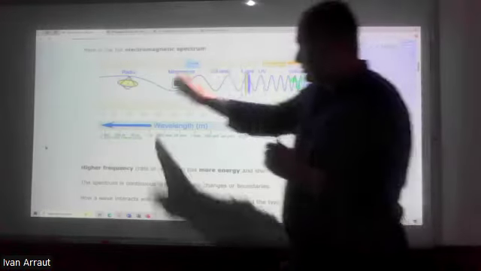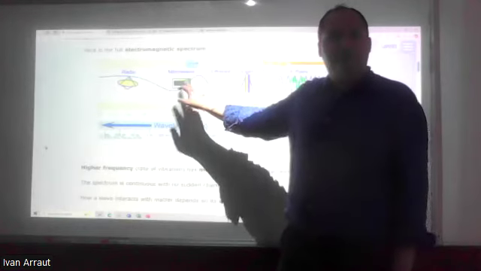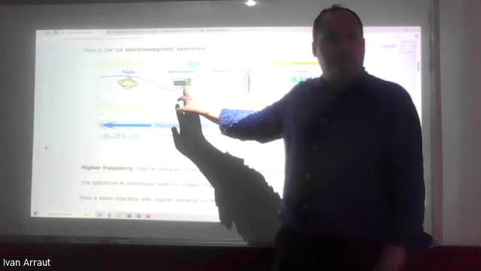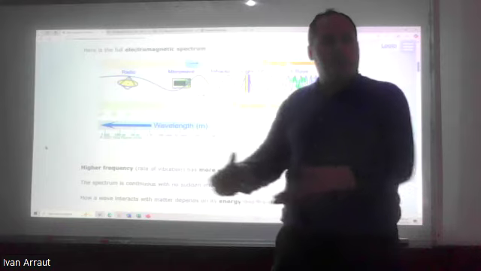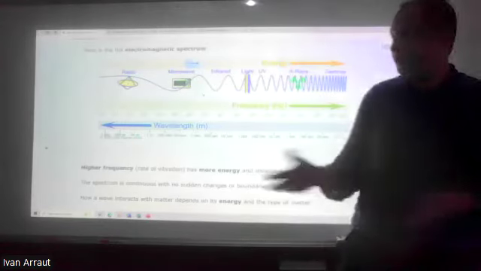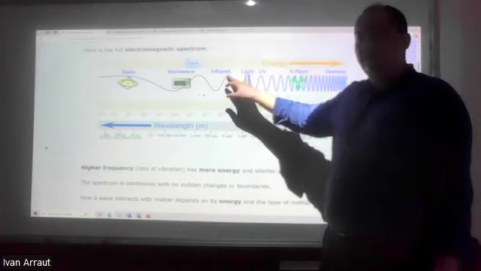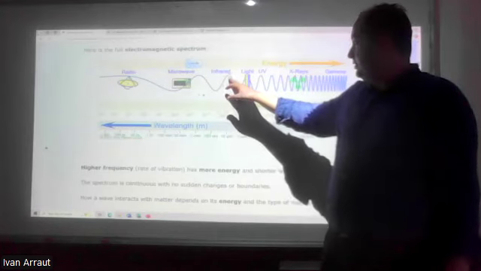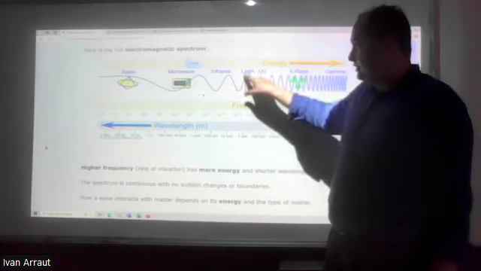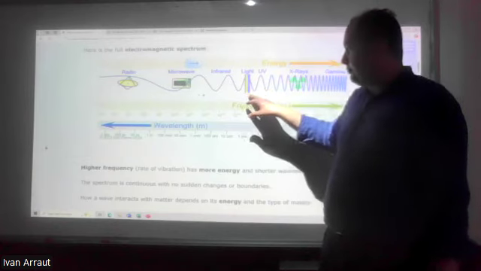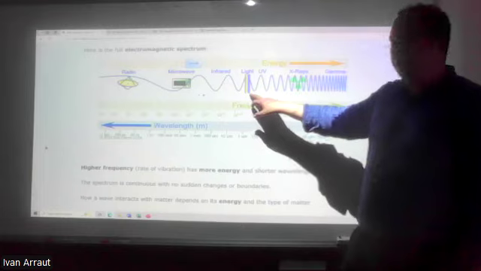Radio. Microwave you use for heating your food. When you bring, I don't know, in Macau, you bring the food from the house and you, okay. Infrared still is not so terrible. Light, this is what we can watch. This is the visible spectrum. Start with red and go to purple.